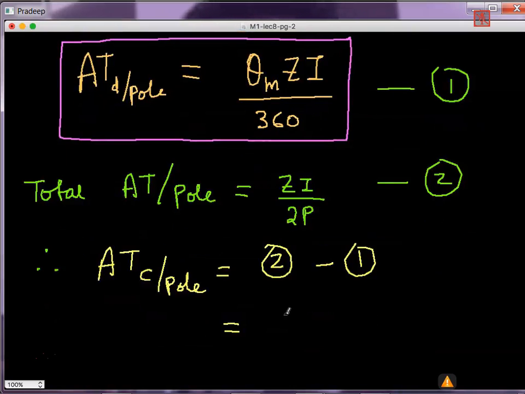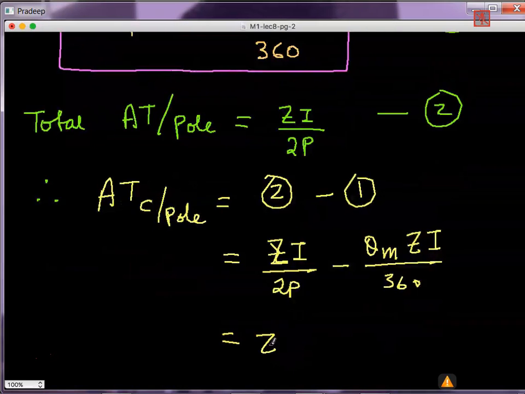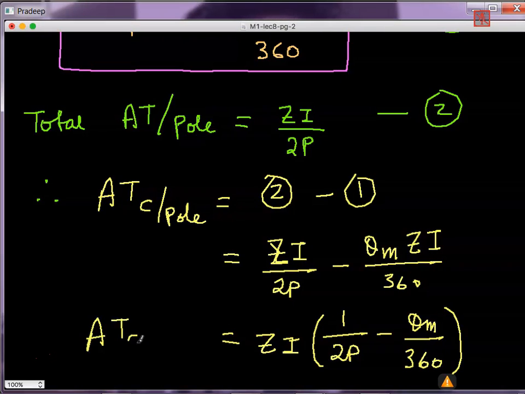So that will be Zi by 2p minus theta m Zi by 360. Simply this is Zi into (1 by 2p minus theta m by 360). So this is the formula for ampere turns causing cross magnetization per pole.